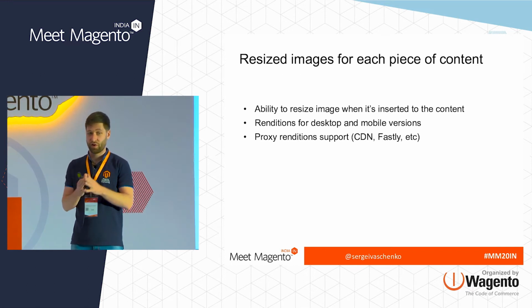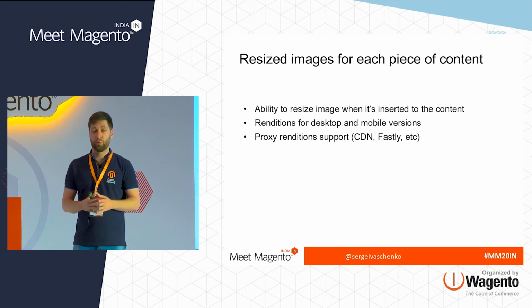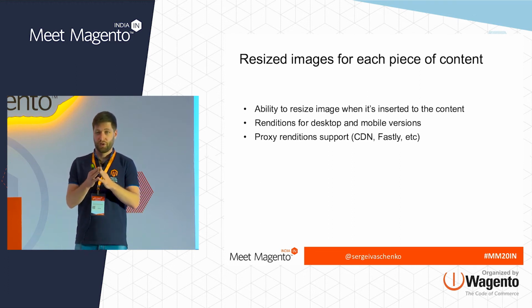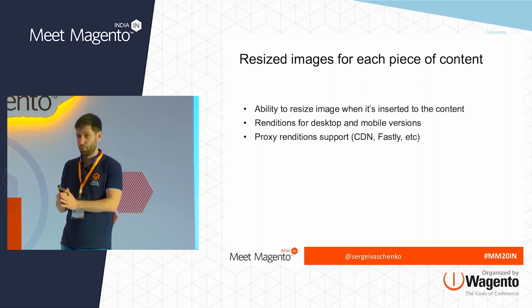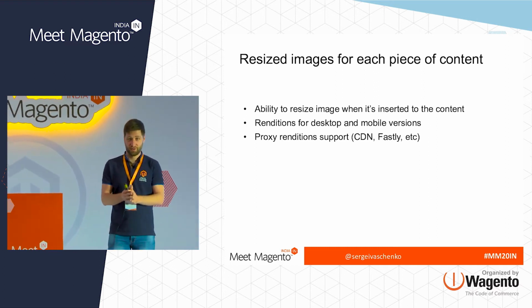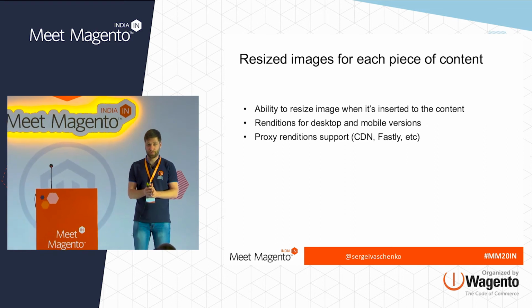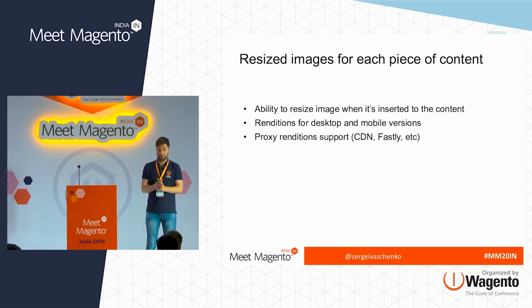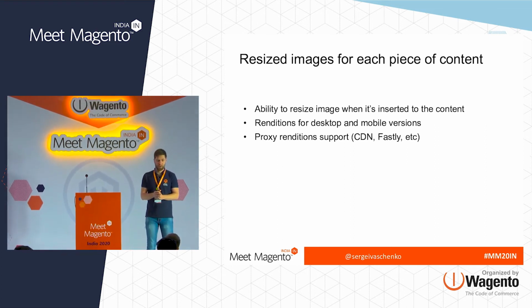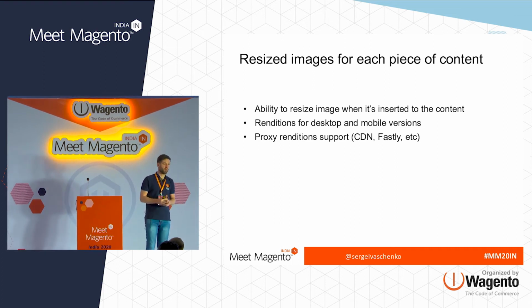Each time you are inserting the image, we will provide the ability to select either desktop or mobile sizes for the same picture, and appropriate renditions will be generated. The plan is to implement it in 2 ways depending on configuration.